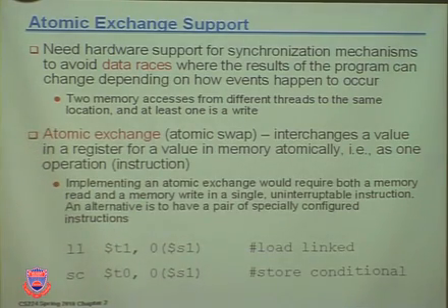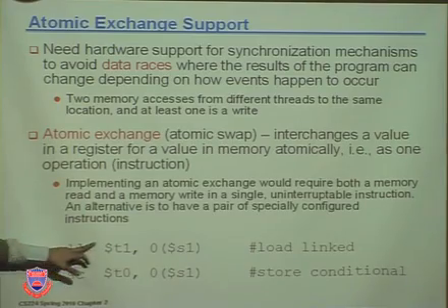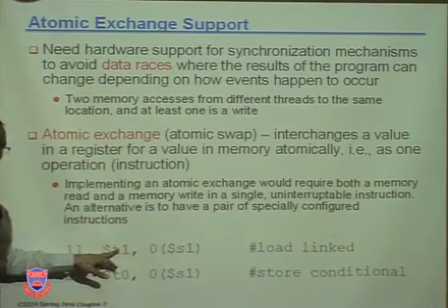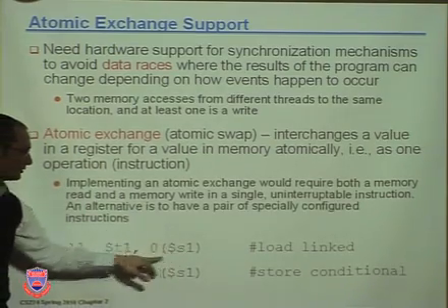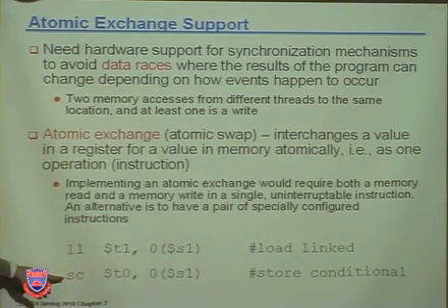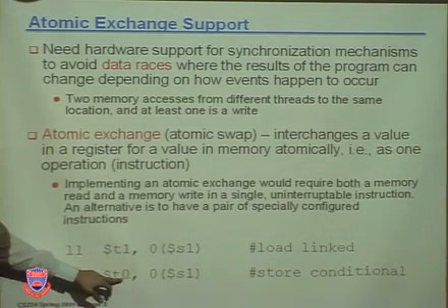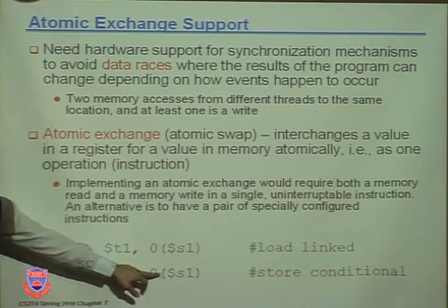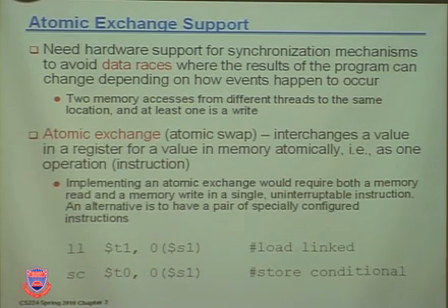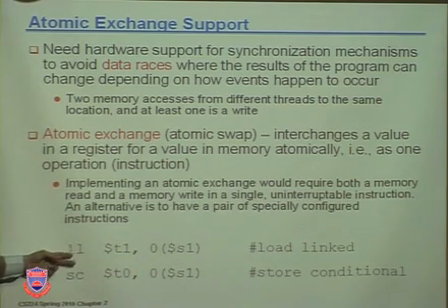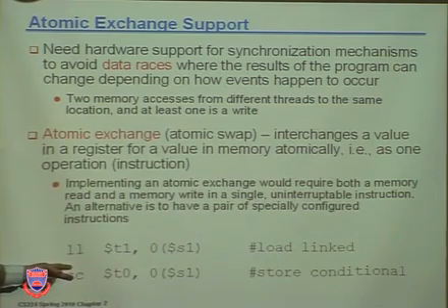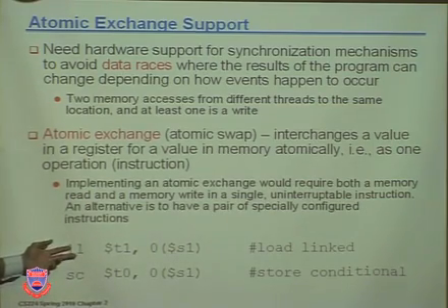What this does is it loads the data stored in this memory location to T1, and then conditionally stores this T0 into the same memory location. If, however, there's another update before this store, it's going to give you an error.